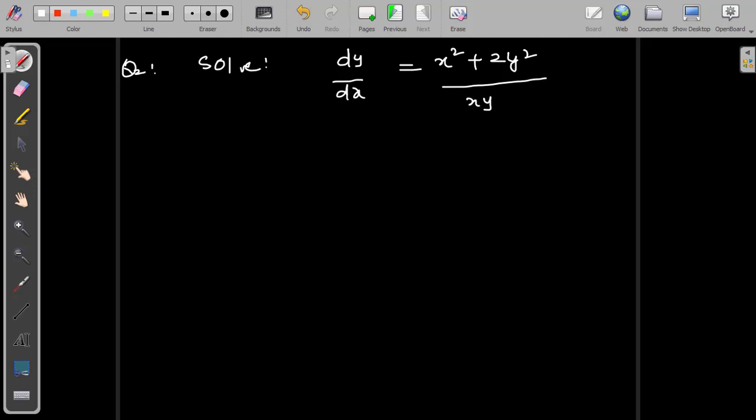This is the differential equation. Let us say the solution: we have been given, it clearly seems to be a first order homogeneous differential equation.